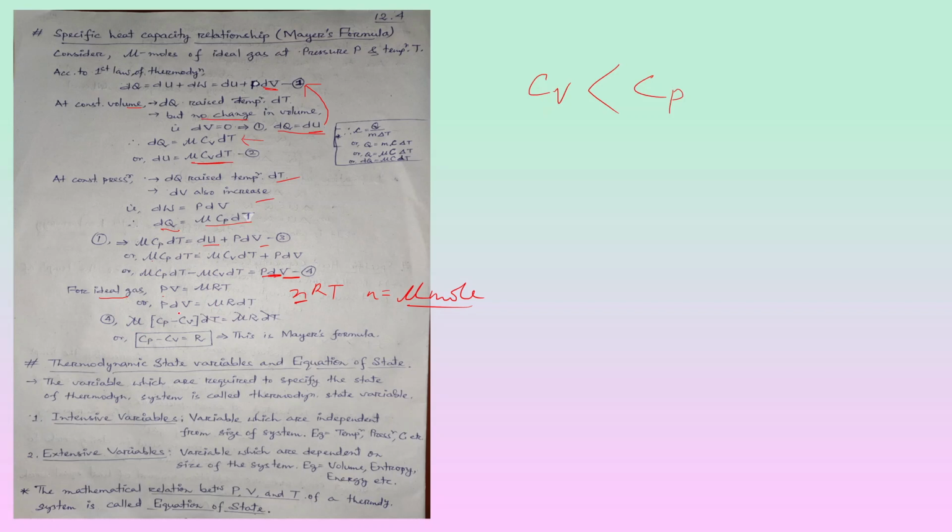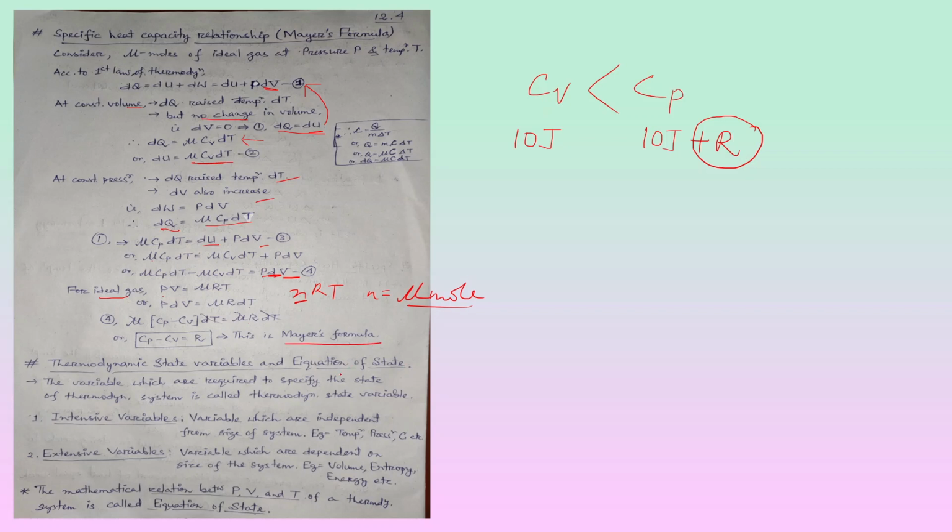Now we get this one, and after calculating we get Cp minus Cv equal to R. That means the factor by which Cp is greater than Cv is R. That means if Cv is 10 joule, then Cp is greater than that: 10 joule plus R, that R factor is greater compared to our specific heat at constant volume. And this is called Mayer's formula.